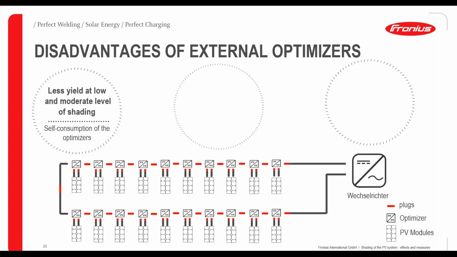That's actually because we have self-consumption of the optimizers themselves. That's what I meant with the slide before. So if we have no shading, low or moderate shading, using optimizers is not a good thing, because they need some energy to work. They have a little bit of self-consumption, and they are not getting out more than with a standard system. So you have less yield, even less yield on this low and moderate level of shading.